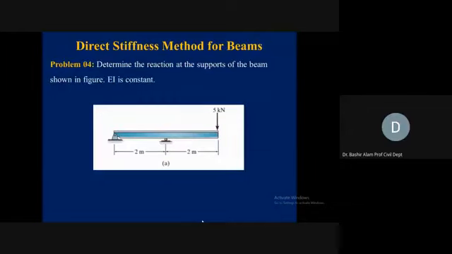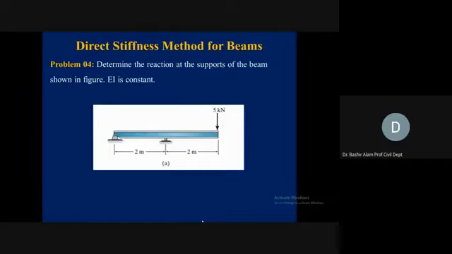Now, coming to the problem, here you see this sketch A, which is showing an overhanging beam. What is asked is to determine the reactions at the supports of the beam shown in the figure. EI is constant. First we need to identify the nodes.